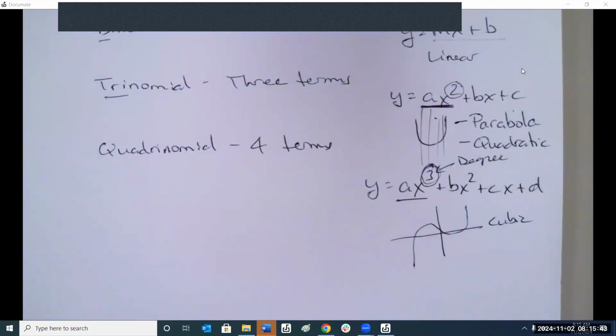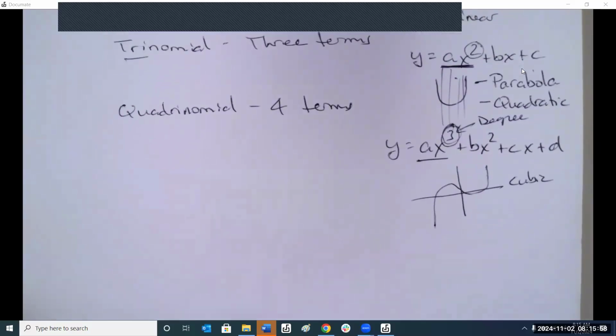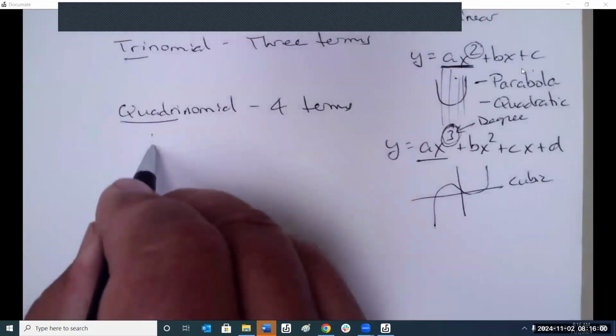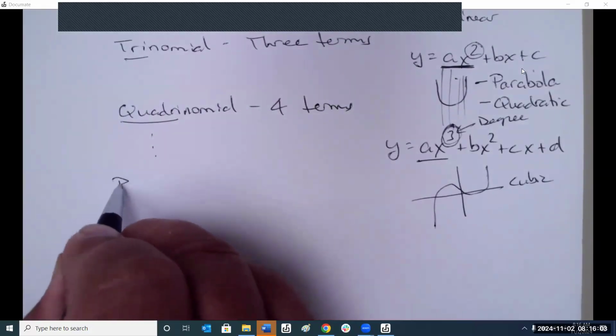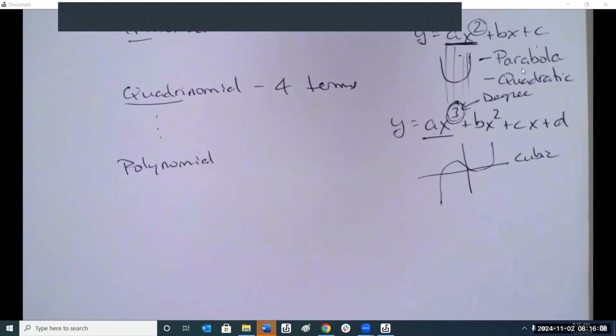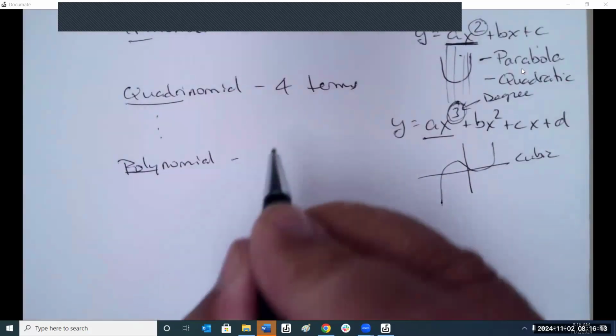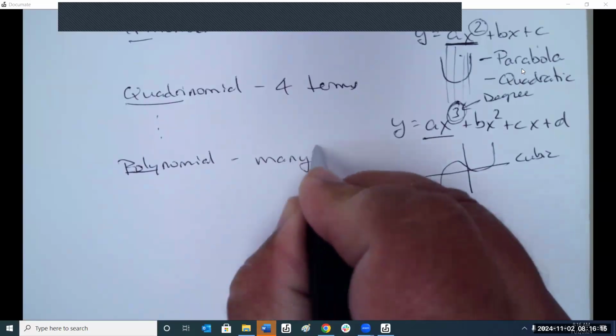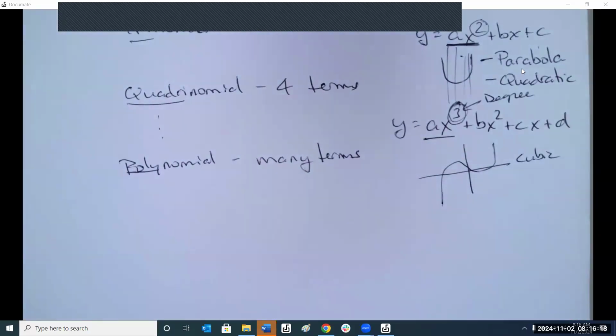The degree of the equation tells us what the graph's going to look like, how many x-intercepts we can have, what the end behavior of the graph is going to look like, which direction the graph goes. So everything else we call polynomials. Poly means many. Many terms.